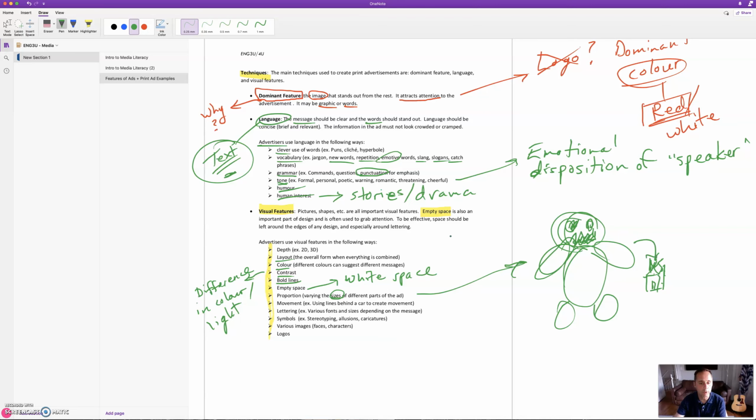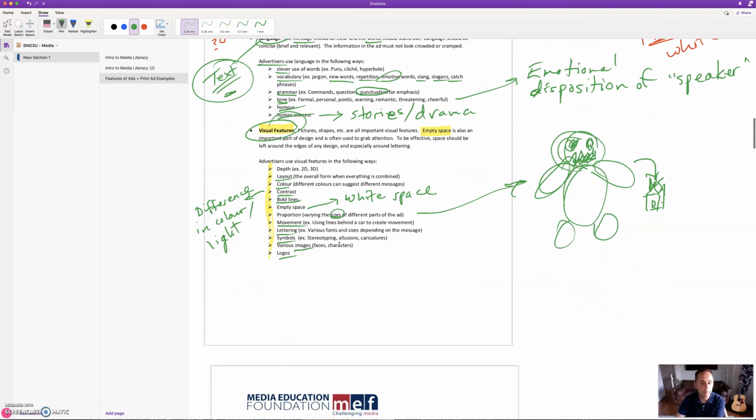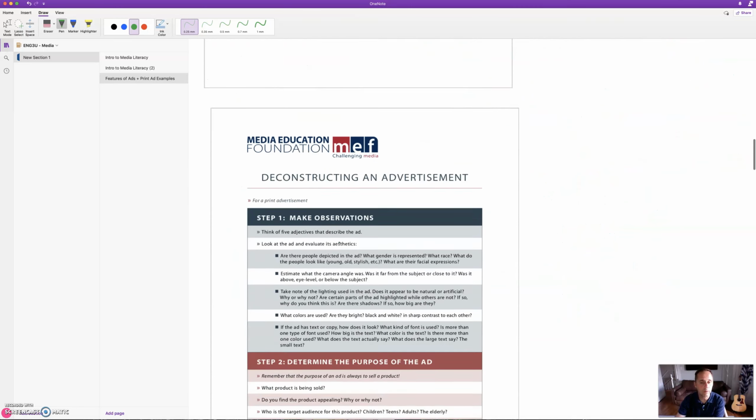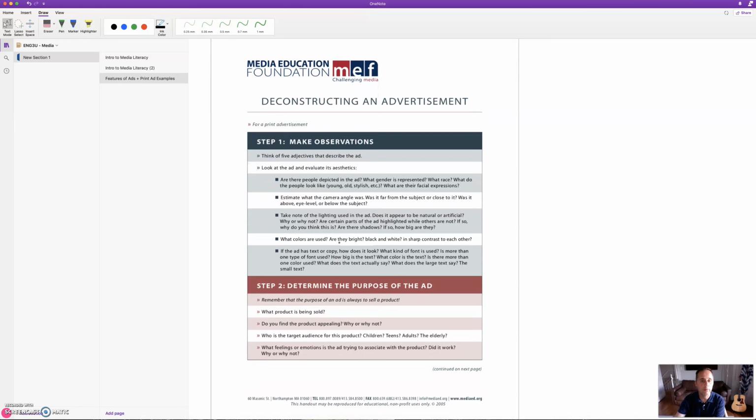Well, that's proportion, right? Is there any movement? The kind of lettering and font that they choose? Are there any symbols? Is there any stereotyping, allusions, or caricatures? There's images, logos. All of those things together are the visual features. In the next video, we'll look at deconstructing an ad.